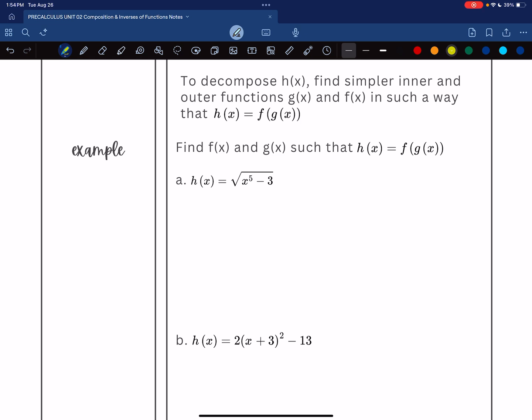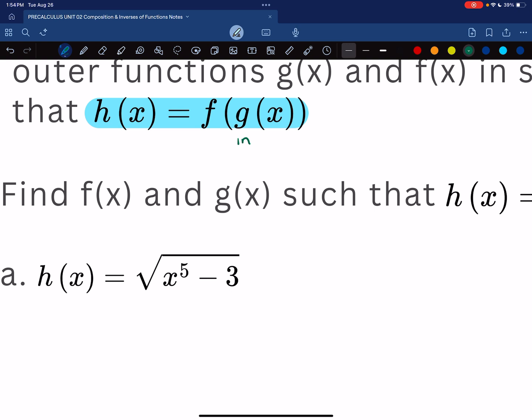is find a simpler inner and outer function, g of x and f of x, in such a way that h of x will be equal to f of g of x, where, if you think about this here, g is the inside function.